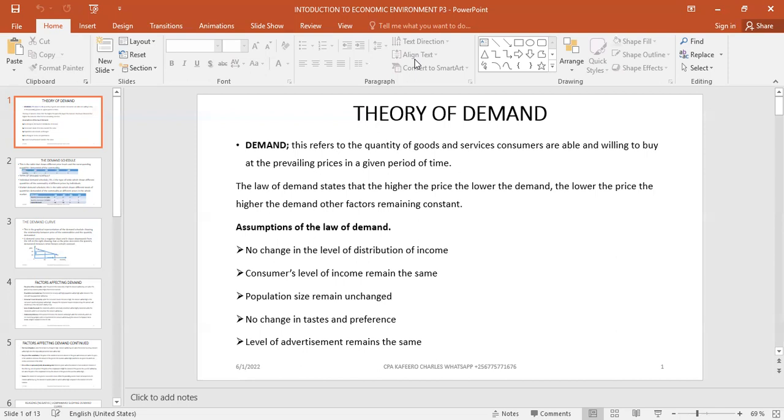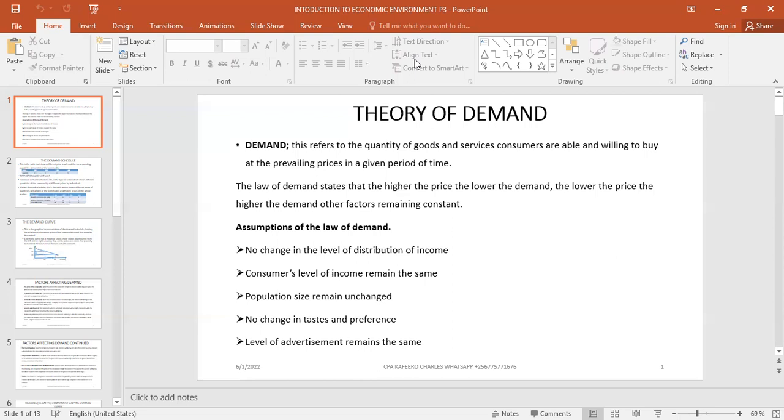So having understood what demand means, you have to see the law of demand. The law of demand states that the higher the price, the lower the demand. When the prices increase, we expect consumers to demand less of a certain commodity because of the factors we are going to see.